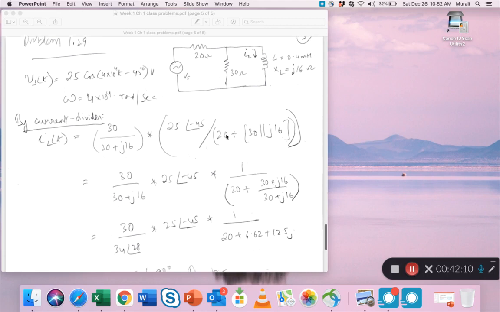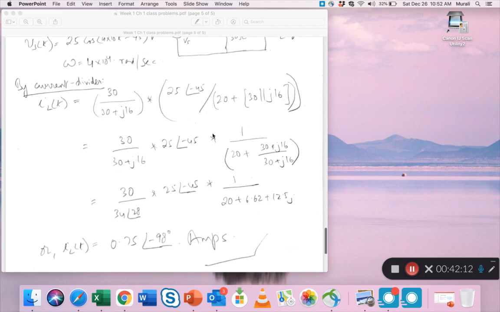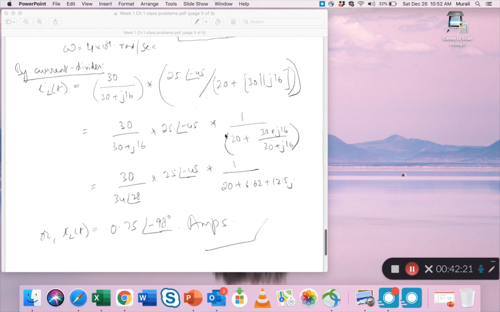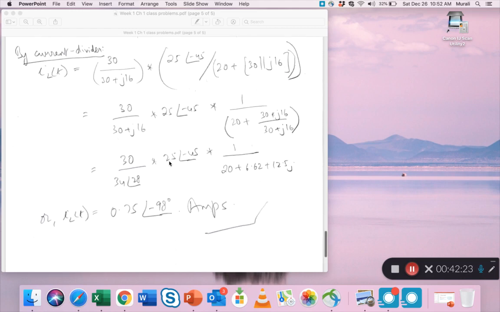So if you solve this, you should get 1 by 20 plus 30 into j16 by 30 plus j16, which is this parallel combination. And if you simplify that, you get this, and in the denominator this. This whole thing you should be able to put into your calculator and come up with this answer.